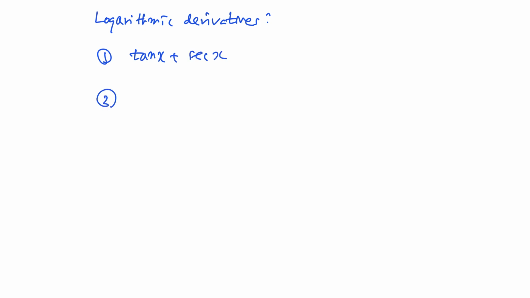We have found that the logarithmic derivative plays a very important role in the solution of first-order differential equations. In a few cases, we already have some logarithmic derivatives. First one, tangent x plus secant x. Then x plus square root of x squared plus 1.